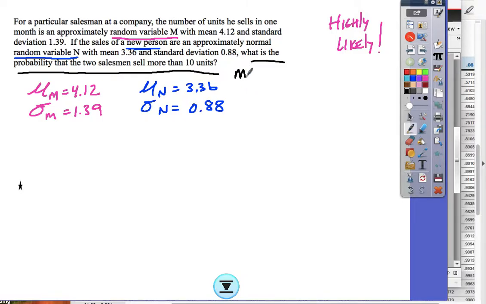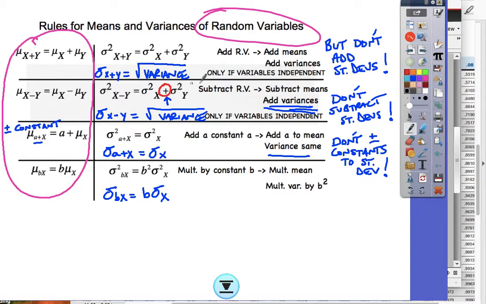So it's the old guy plus the new guy working together. So we are adding random variables.